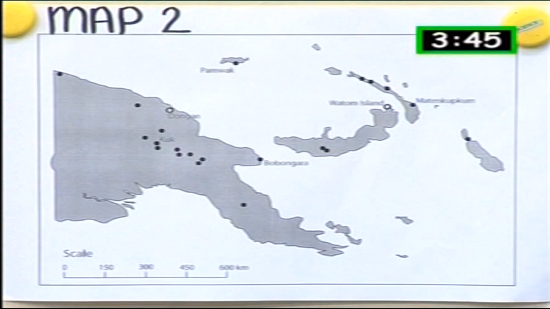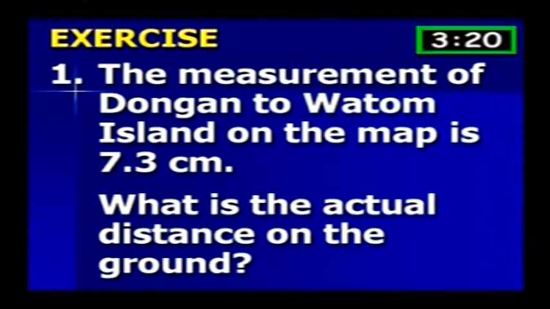Class, look at your scale. Make sure you look at your scale on map 2. Your scale on map 2 reads: 1 centimeter on the map represents 150 kilometers on the ground.